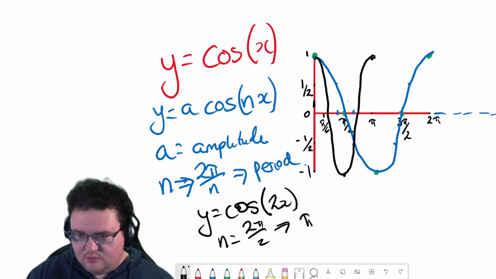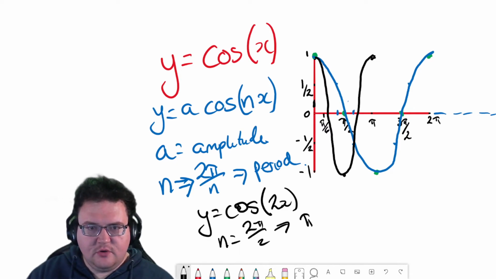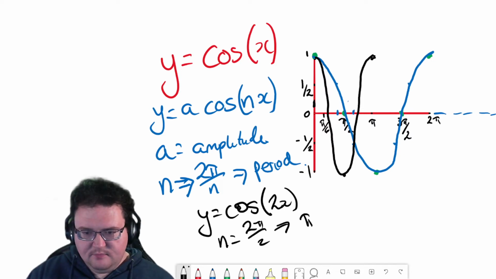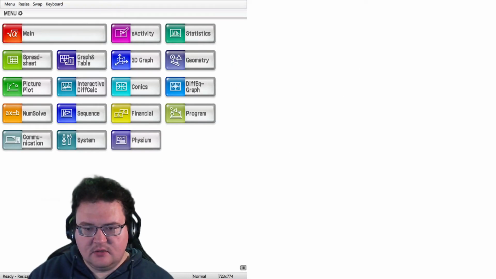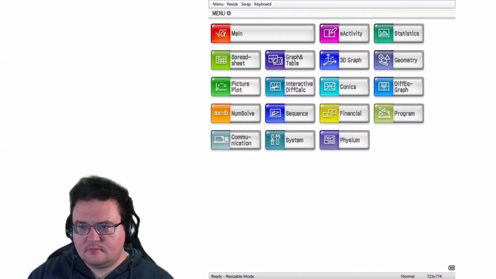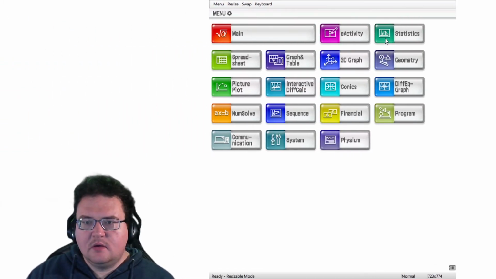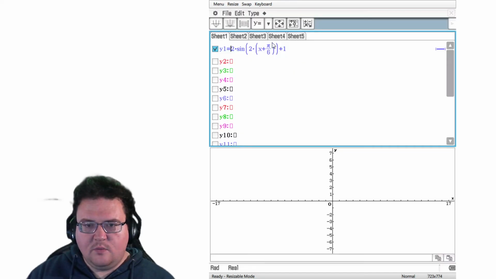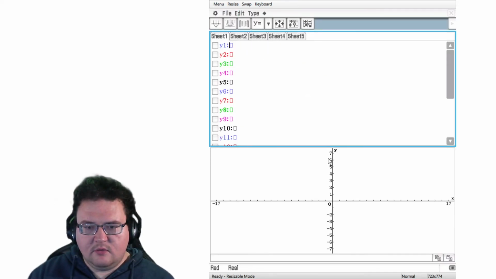So let's put that away for a second, and then I'm going to show you a quick way to visualize these on your CAS, because I find that having your CAS do things is quite helpful. So we'll go to graph and table, clear all these.